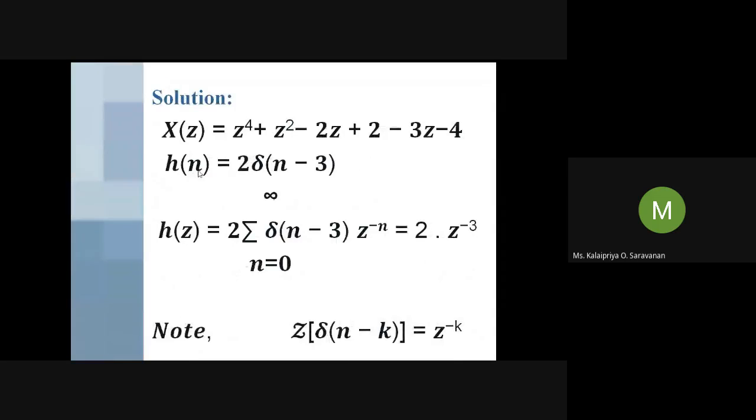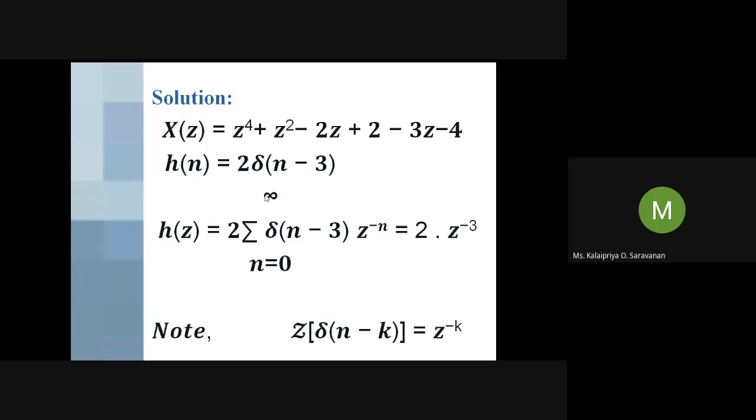Applying the z transform to this given del function, we get 2 times the summation n equal to 0 to infinity of del of n minus 3, z power minus n. What is the basic z transform formula? X of z is equal to summation n equal to minus infinity to plus infinity x of n z power minus n.